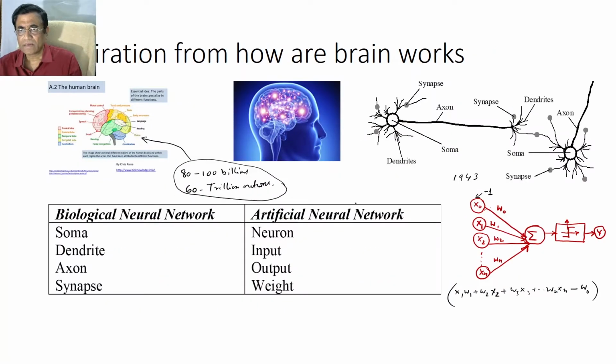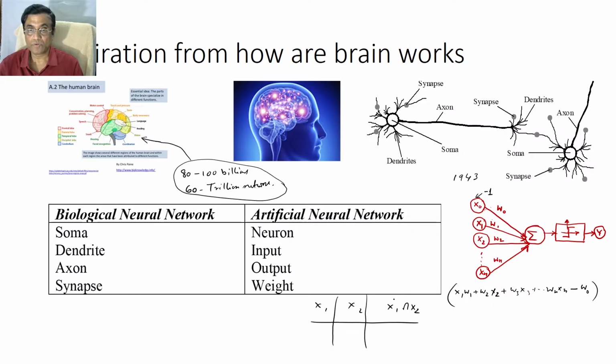So randomly you select some weights, and you should have labeled data. Suppose I am trying to learn the AND pattern. This is my input, and this is the AND pattern, and the output is 1.